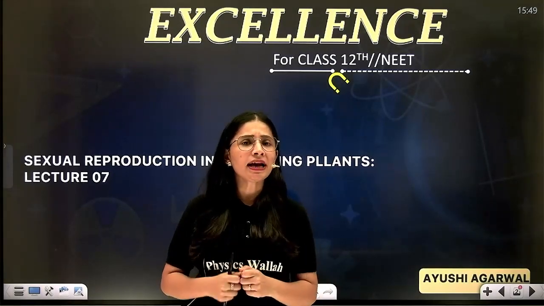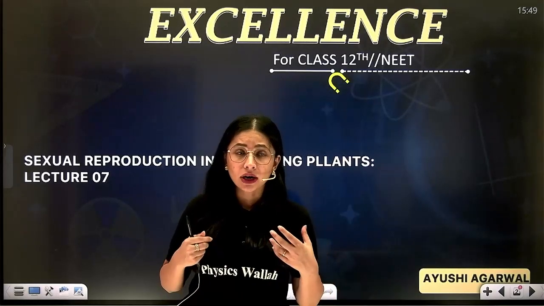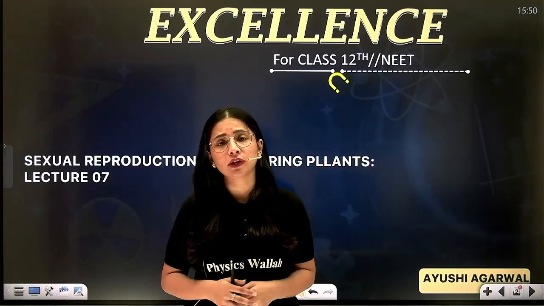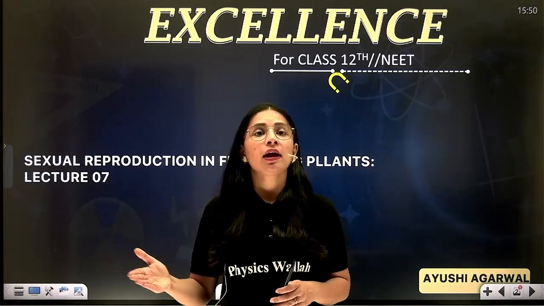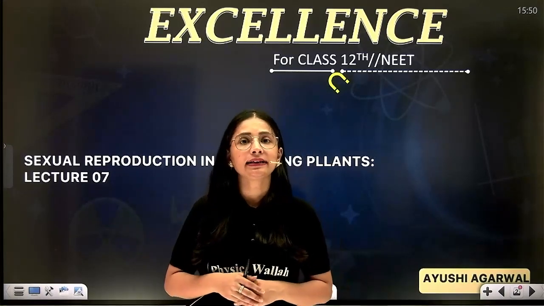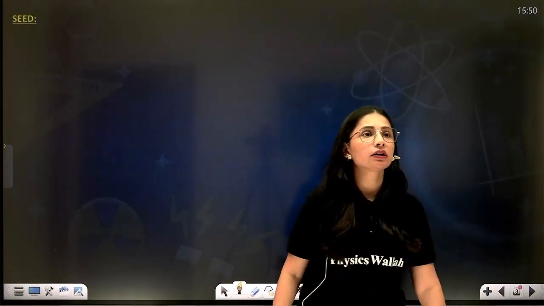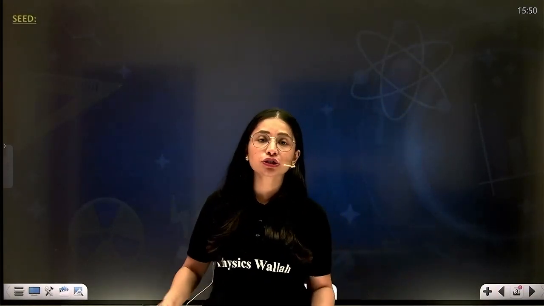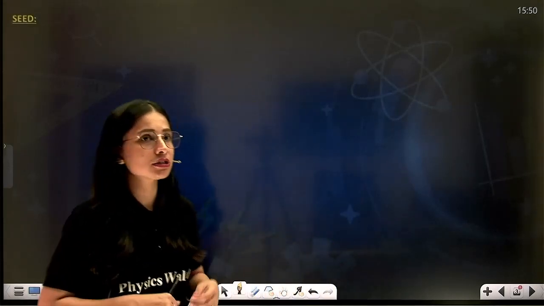Now, in my last class, I have already told you the two most important post-fertilization events, that is endosperm development and embryo development in both monocot and dicot plants. So now let's start first with formation of seed as one of the post-fertilization changes.